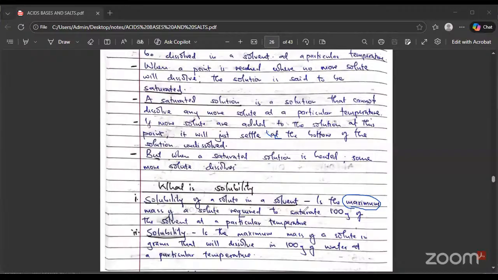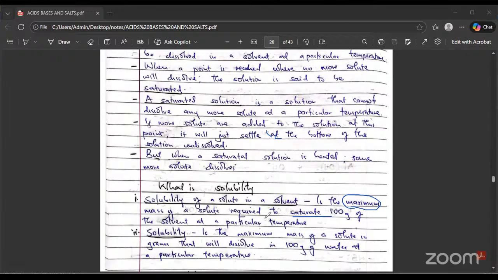And then to saturate, that means it can take no more. I think we normally say I can't take this anymore. So at that particular temperature, it can't take any other solid. The solvent is satisfied. So it is the maximum mass of a solute required to saturate.